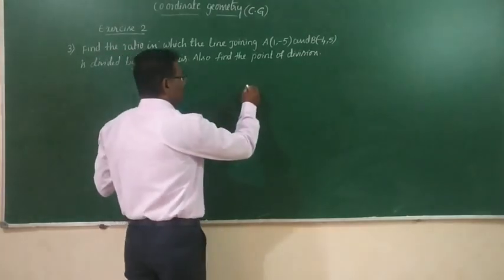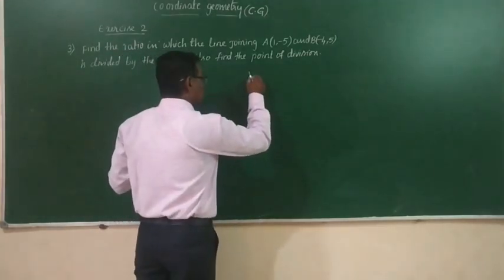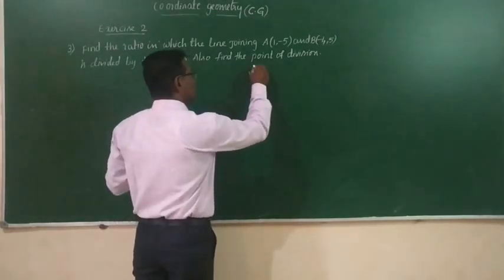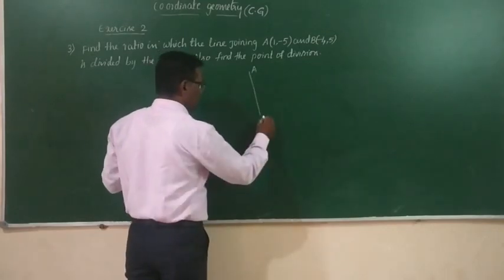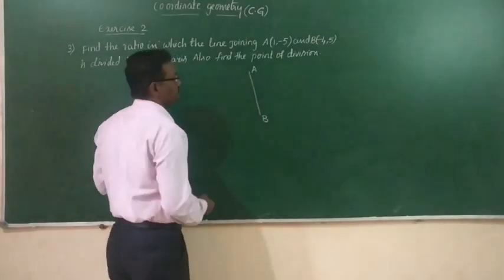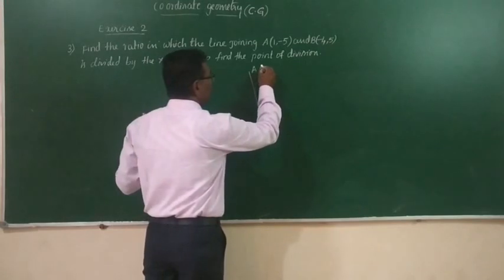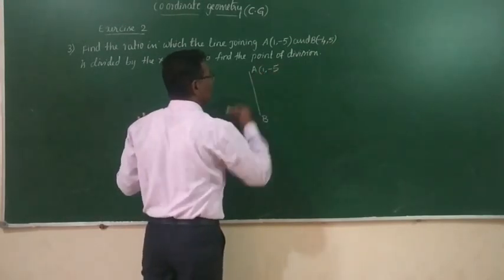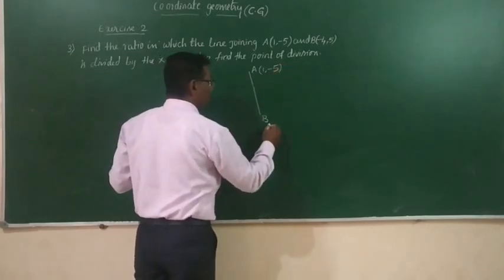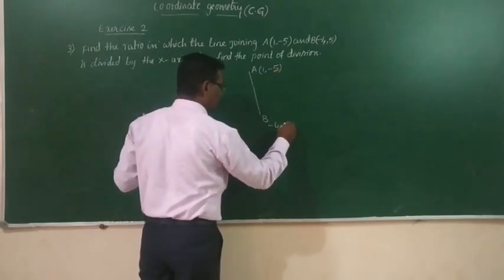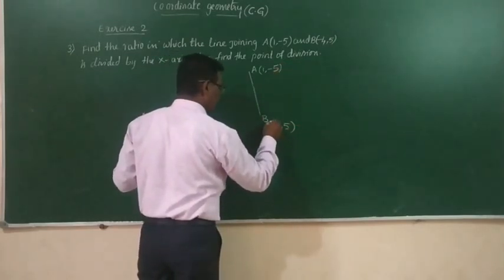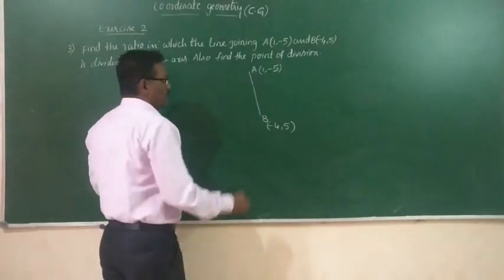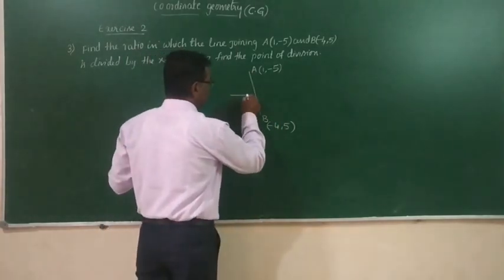Suppose there is a point A (1, -5) and B (-4, 5). There is an x-axis.